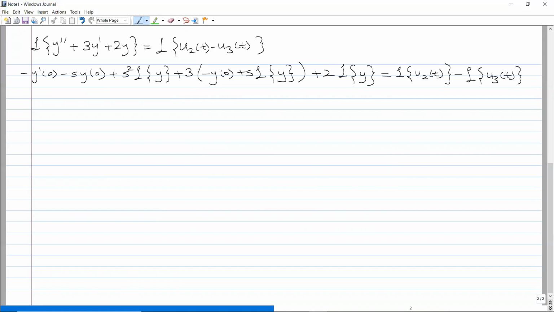But in the initial conditions, we are given that y'(0) and y(0) are both 0. So on the left side, we have s squared plus 3s plus 2 times the Laplace transform of y, which we denote by capital Y of s.